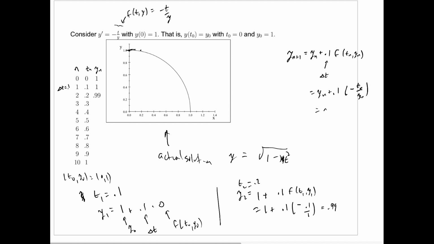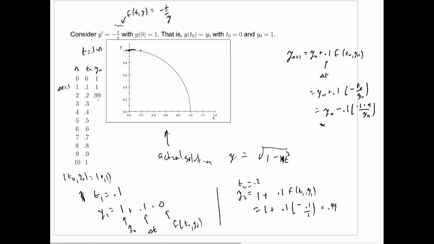So that's y sub n minus 0.1 times... We know that t sub n, just because t is always incremented by 0.1, is just 0.1 times n, or n over 10. So 0.1 times n over the previous y sub n. And you can simplify that a little more, but I'll leave it like that.